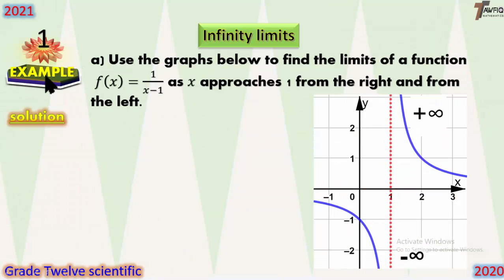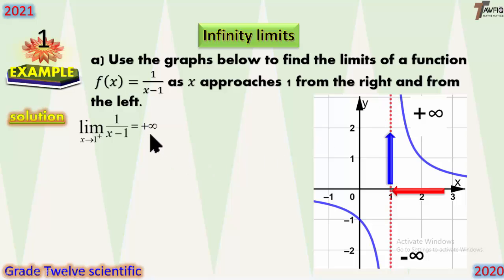Example number 1, A. Use the graph below to find the limit of the function f of x equals 1 over x minus 1 as x approaches 1 from the right and from the left. The limit as x approaches 1 from the right of 1 over x minus 1: here you can see when we approach 1 from the right, f of x goes to positive infinity.